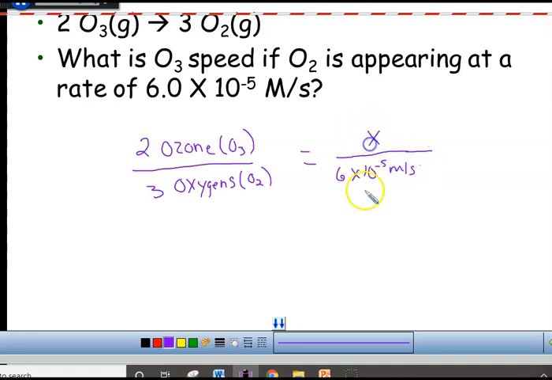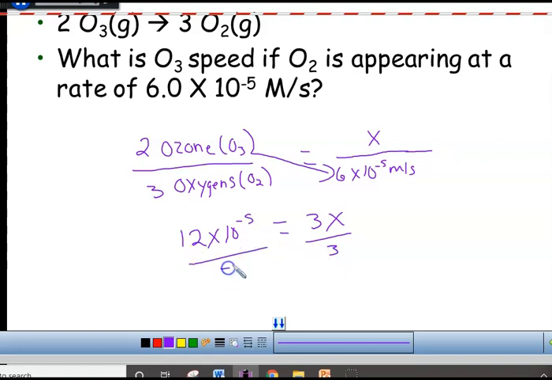And I don't know this. So cross multiply, you get 12 times, that's not proper scientific, but we'll go with it. 3x divided by 3, x equals 4.0 times 10 to the negative 5th molarity per second.